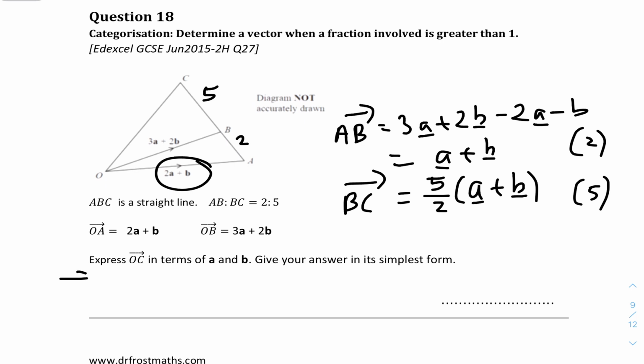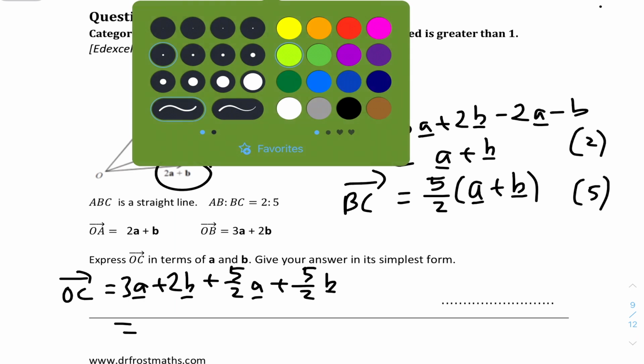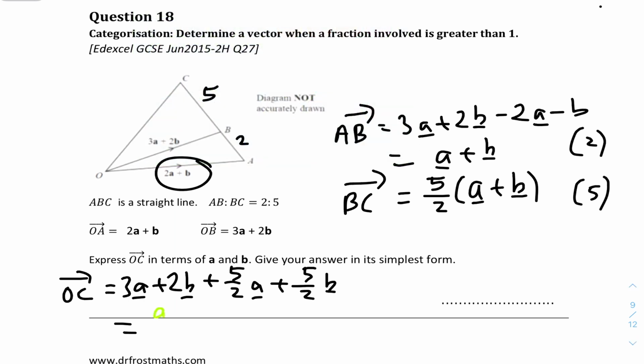So OC equals OB, 3A plus 2B, plus BC, which is 5 over 2 A plus 5 over 2 B. And if you were to simplify this, you get 9 over 2 A plus 7 over 2 B. And that's the final answer. Actually no, I think I can further simplify this.